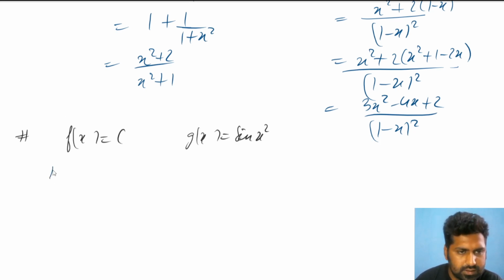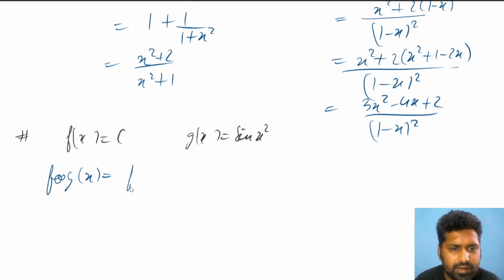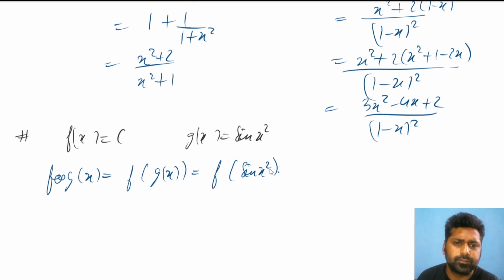Okay, so let's calculate fog. So fog will be f of g of x, that is f of sine x square. Now if you look here, you'll replace this x with sine x square, but there is no x present here.